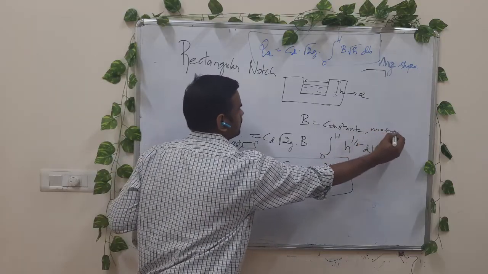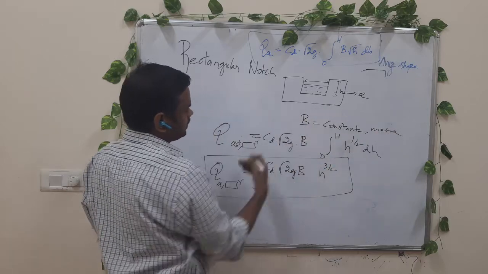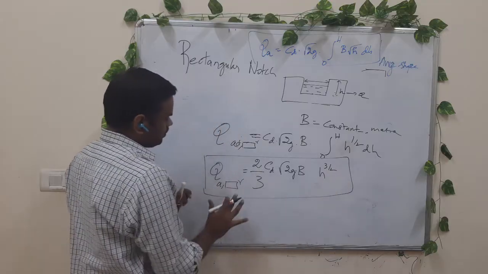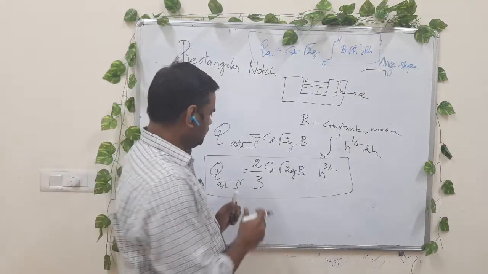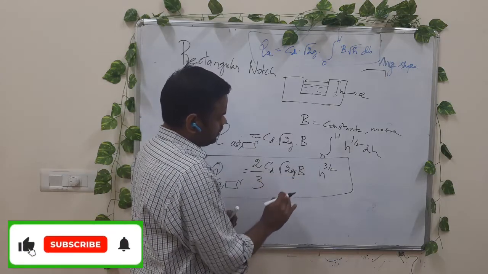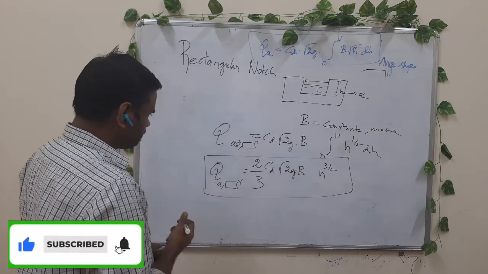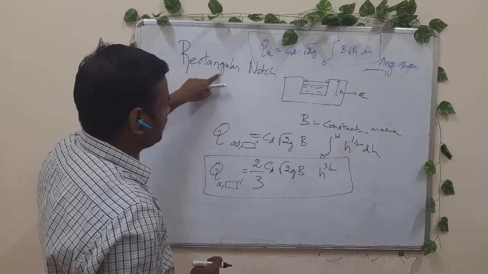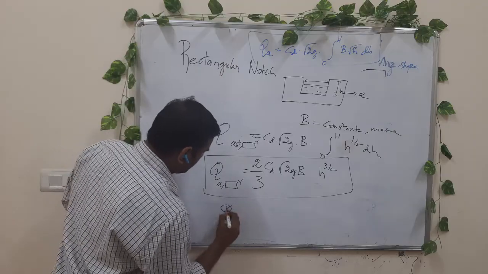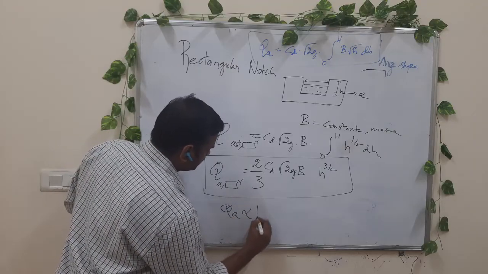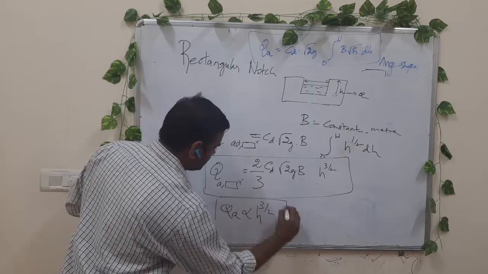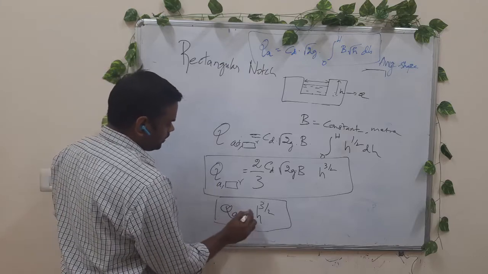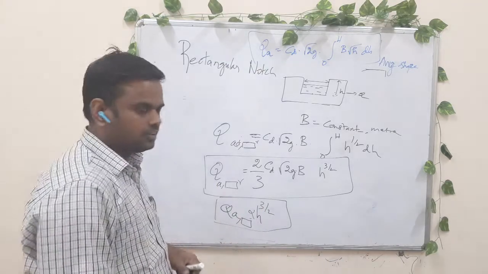For a rectangular notch, B is constant, so it came out of the integral, and h power half became h power 3 by 2 by 3 by 2. So Q actual of a rectangular notch is 2 by 3 Cd square root of 2g B into h power 3 by 2. So we can say Q actual is proportional to h power 3 by 2 for a rectangular notch.